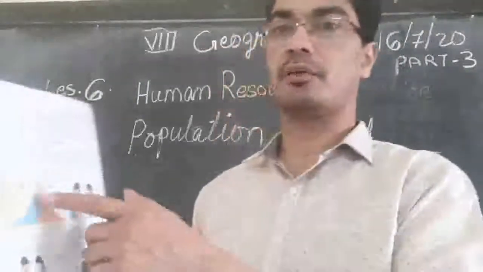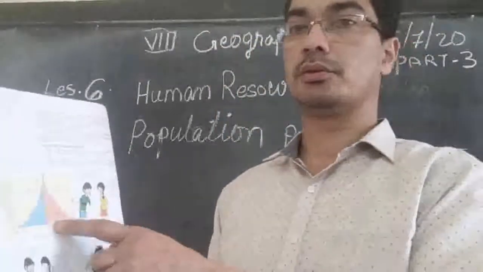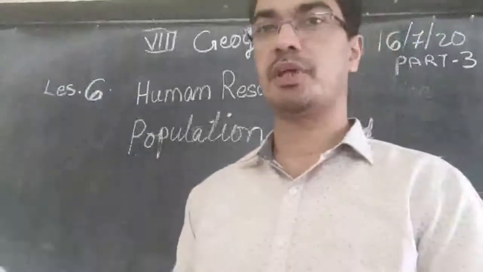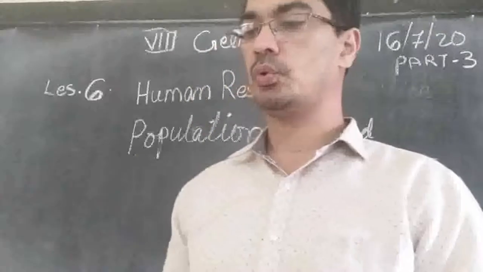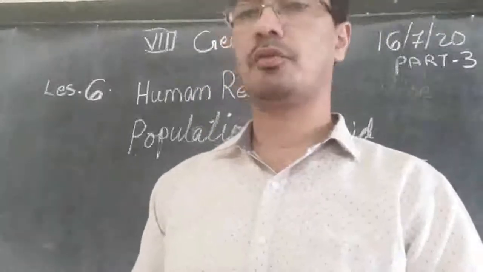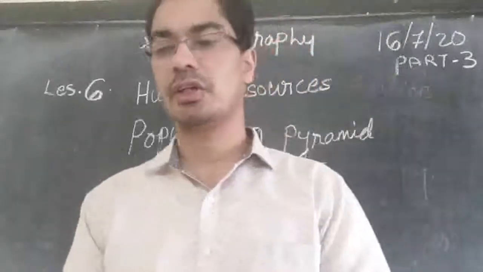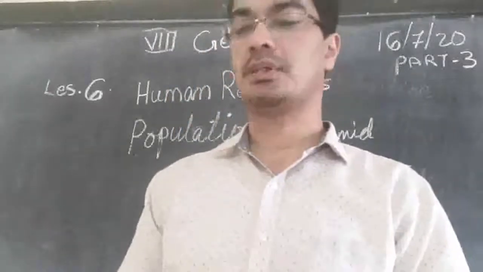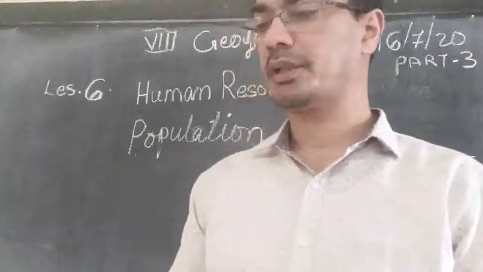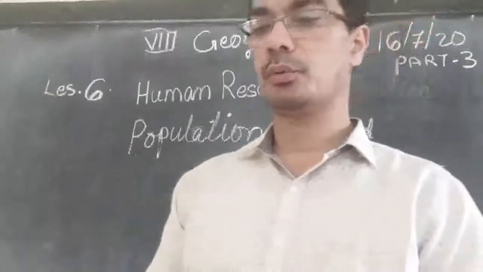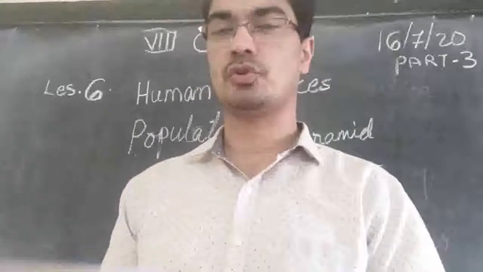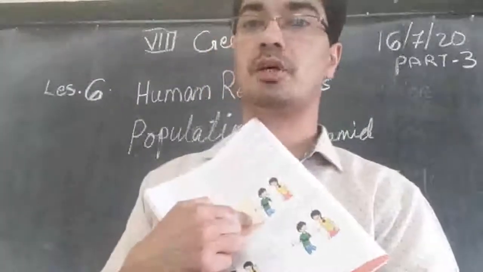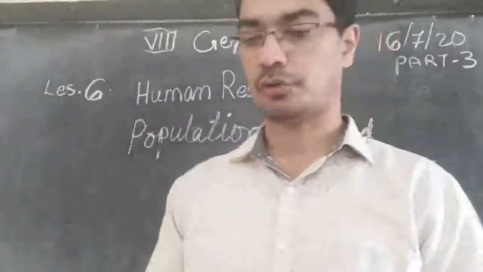That pyramid reveals the population composition based on age. The total population is divided into various age groups, for example 5 to 9 years, 10 to 14 years, and so on. The percentage of the total population is subdivided into males and females in each of those groups. You can see how many percent are males and how many are females.